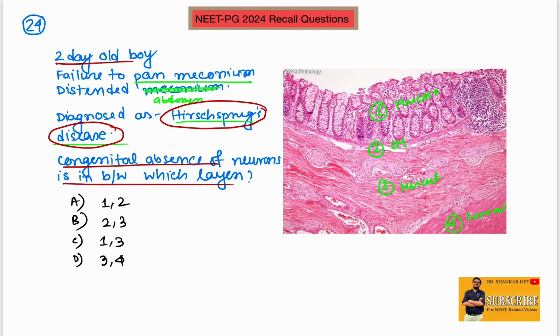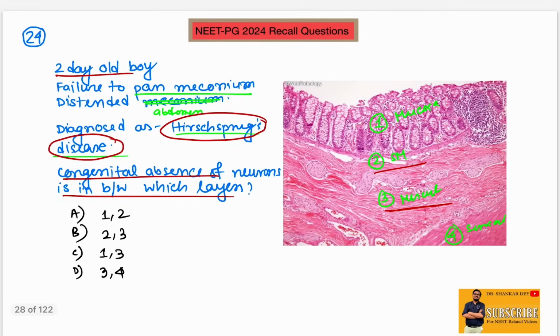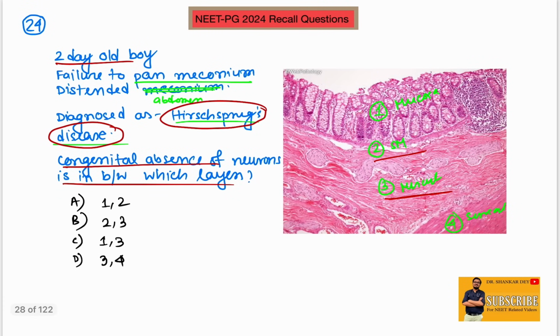As all of you know, Hirschsprung disease is due to absence of ganglion cells in two regions. One is in the submucosa, that is Meissner plexus, and another plexus is in the muscularis layer, the myenteric plexus.